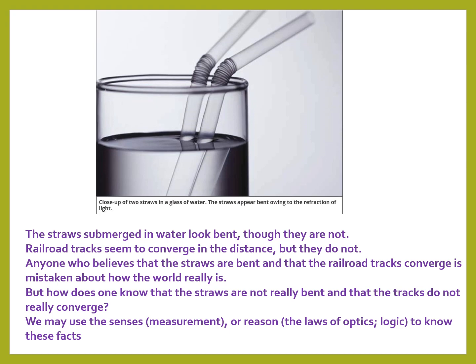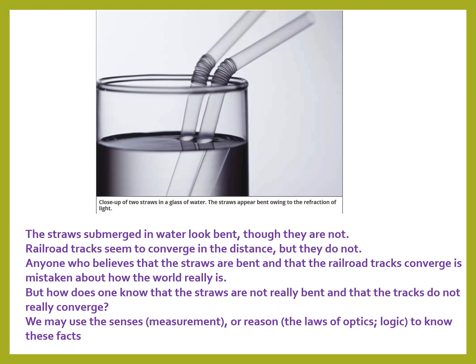or we can use reason, for instance, using our knowledge of the laws of optics and knowing that in fact we see the straws bent because of refraction of light in the water, and then we can know the facts.